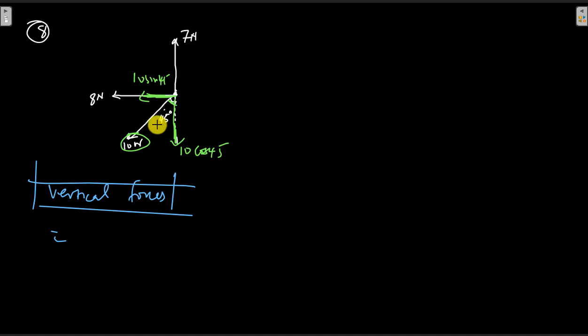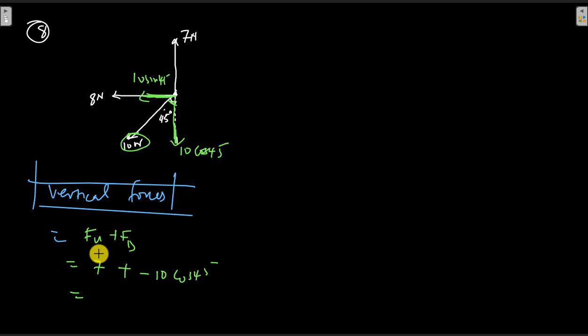So the vertical forces, that's upward forces plus downward forces. The upward forces, we have 7 newtons. The downward forces, we have 10 cosine of 45. So 7 minus 10 cosine of 45 degrees.